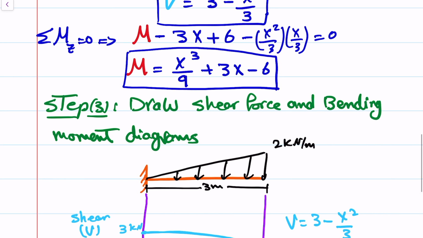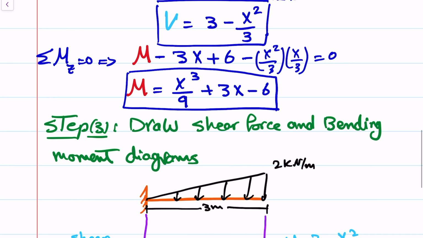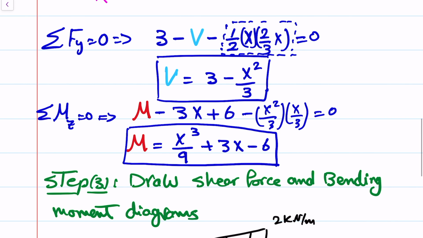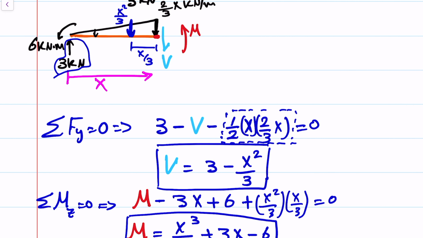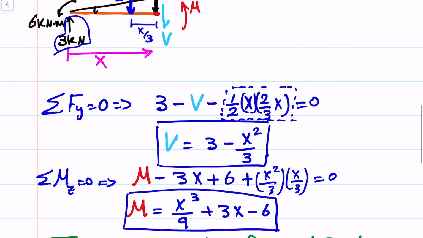Let's go back to the equation of the moment. For the moment of the distributed load, it is positive, not negative, because it is counterclockwise. Okay, so that means that this would be negative.